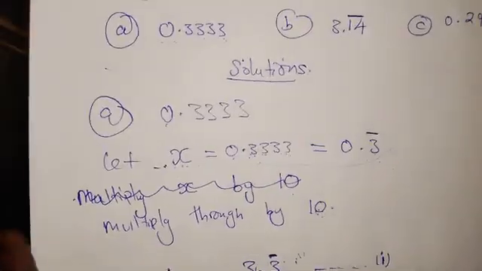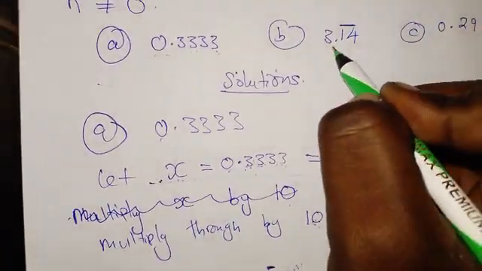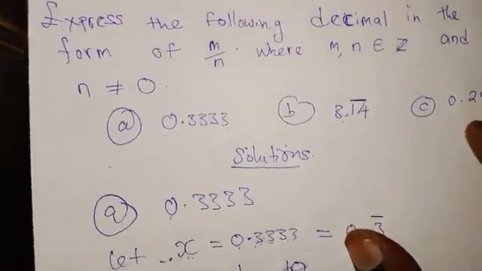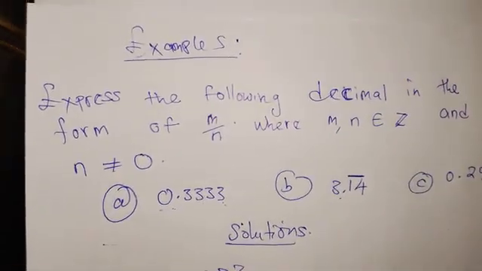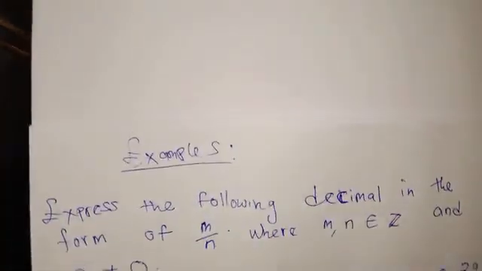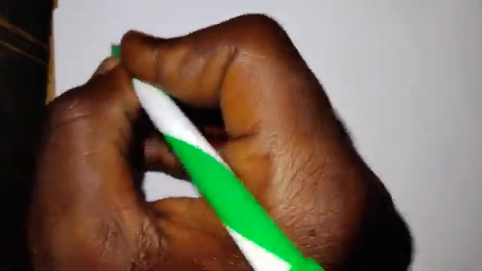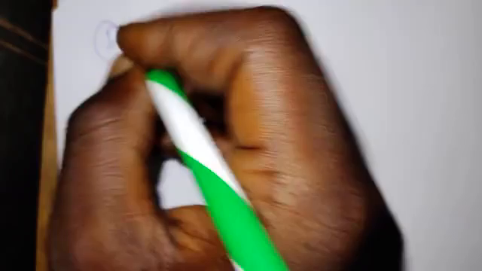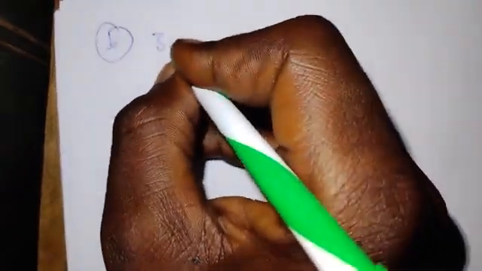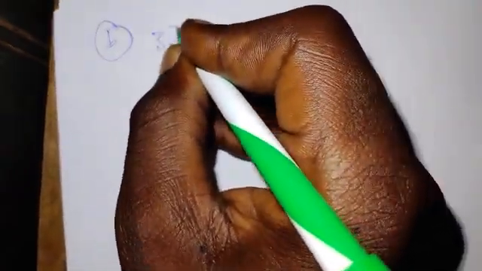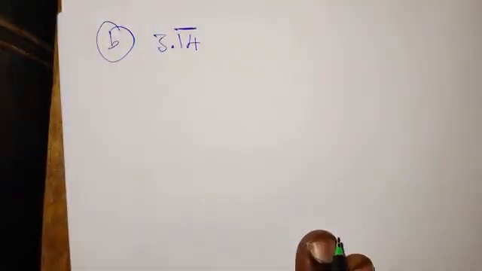Okay, let's look at the second one. We're looking at 3.14, and there's a bar on top of 14.